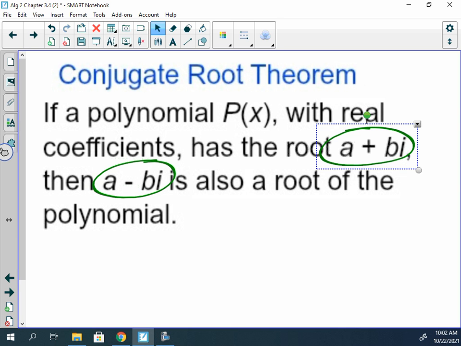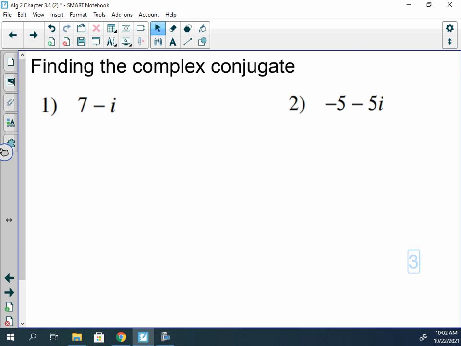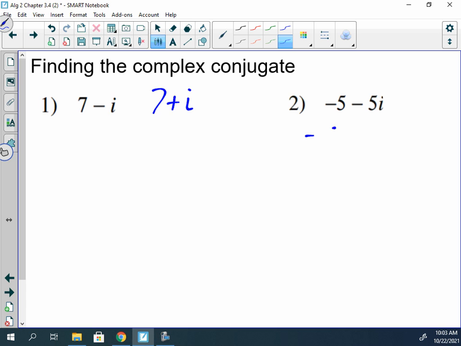So if we look at this first one here, what would the complex conjugate of 7 minus i be? What would the conjugate of negative 5 minus 5i be? That's it, because it's just asking for the conjugate.